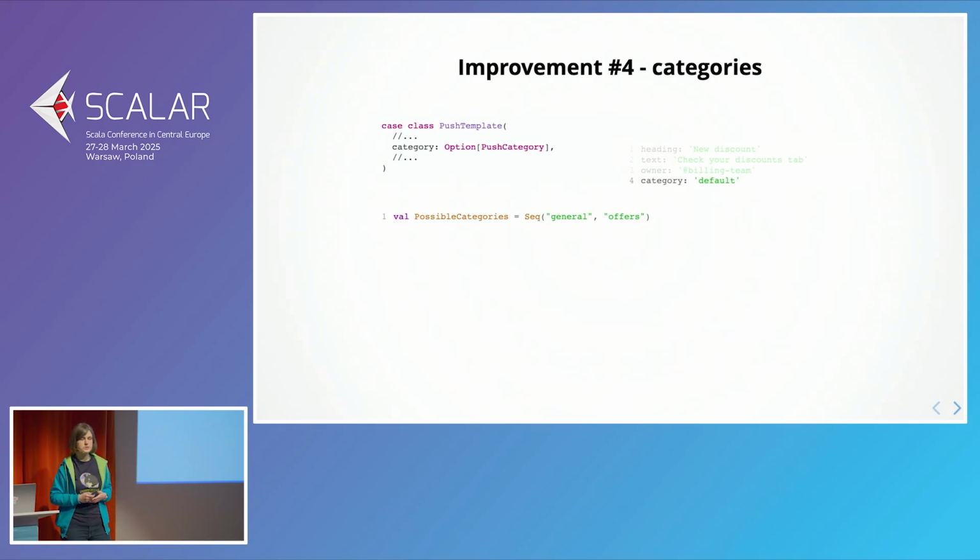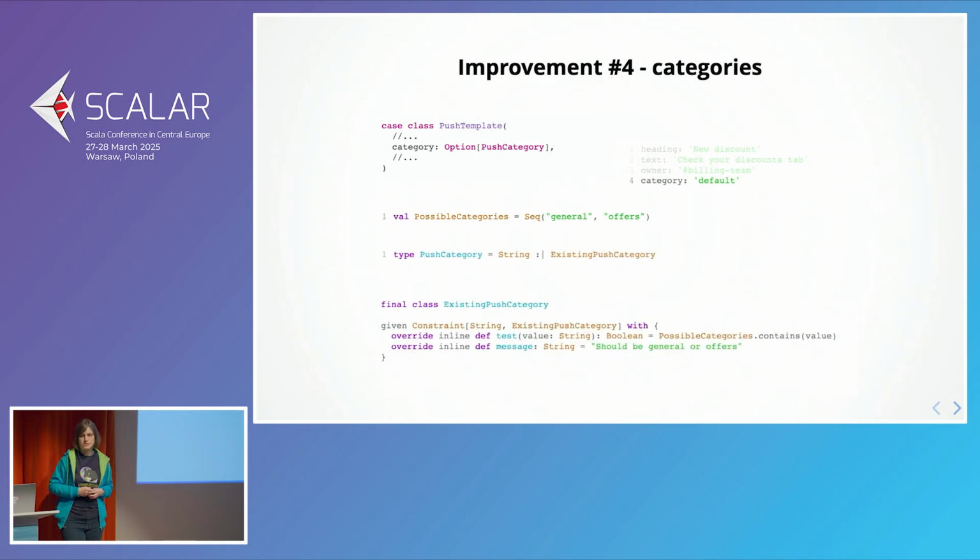So what we can do is define our push category type using a constraint again. And this is the way that you can define your very own constraints with Iron if there is nothing out of the box that you can use, and use the intersections and so on. So you are implementing a type class, but you don't really need to know it's implementing a type class.